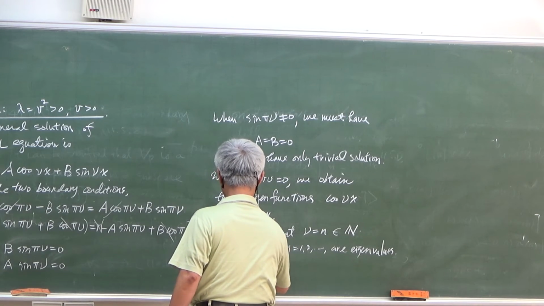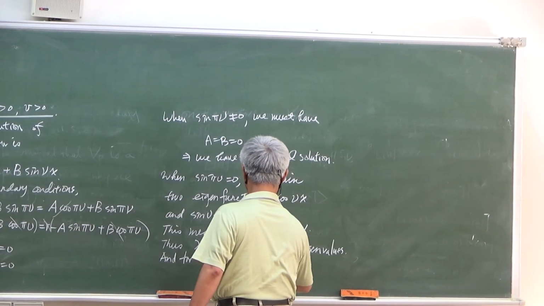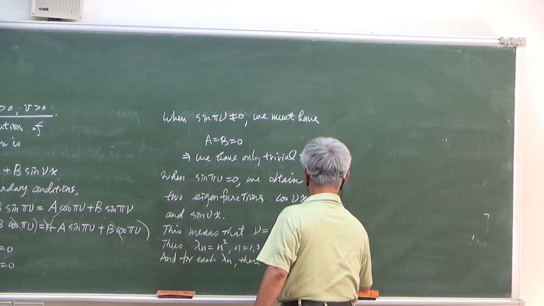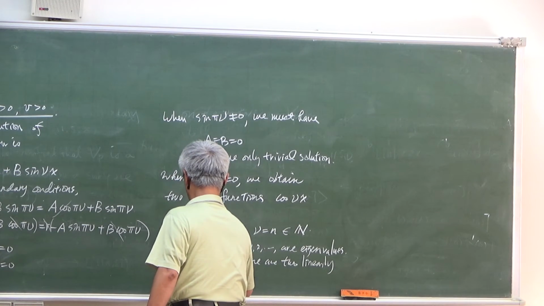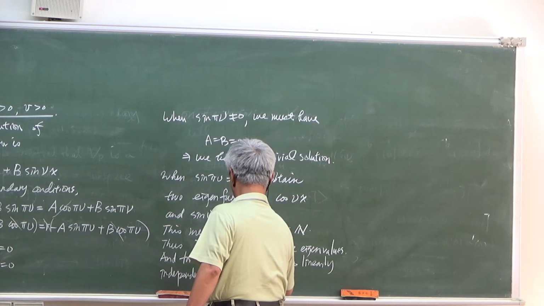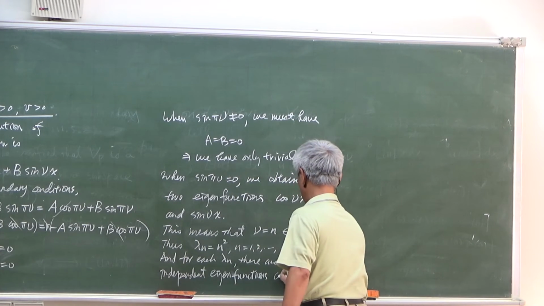For each λn, there are two linearly independent eigenfunctions corresponding to it.